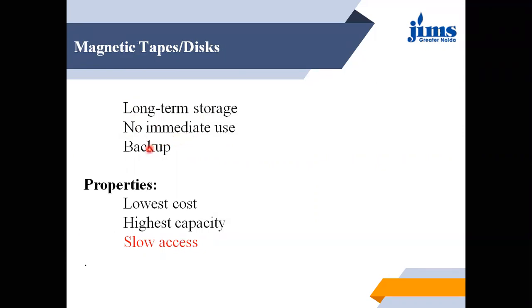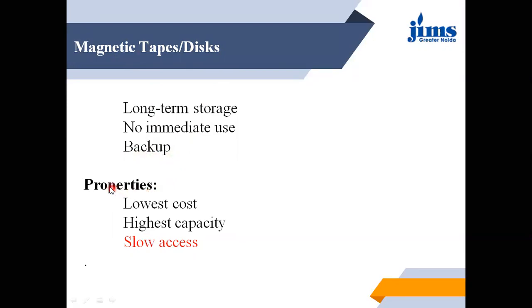It is also used as the backup. As backup is very important, data can be lost anytime because of some problem, so everyone has to take the backup. So these magnetic tapes and magnetic discs are used to take the backup.